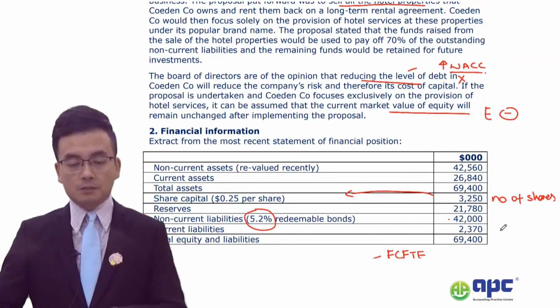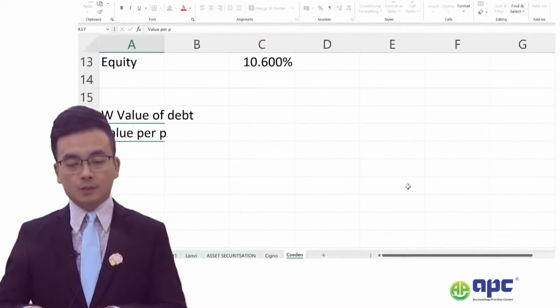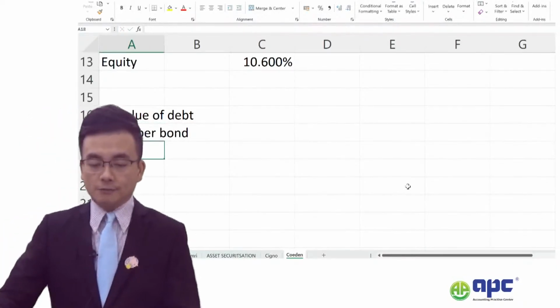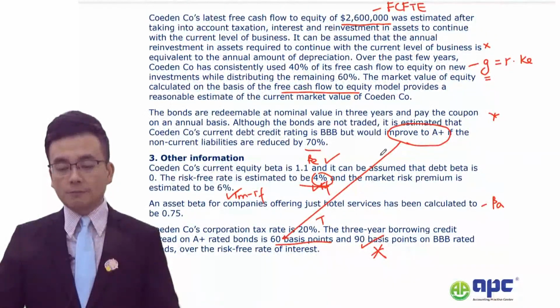So firstly, we need to calculate the value per bond. The non-current liabilities is the 3-year bond.